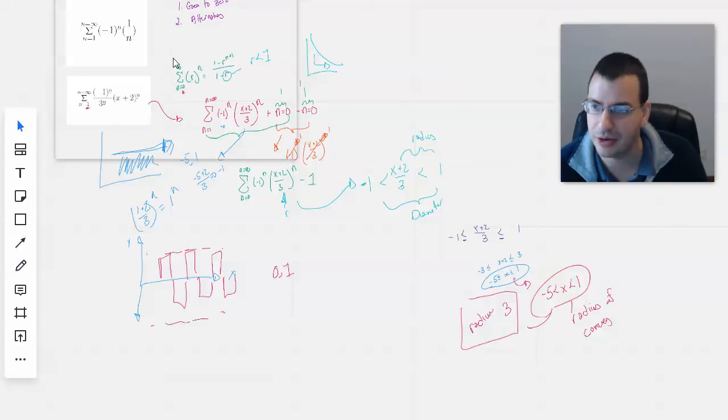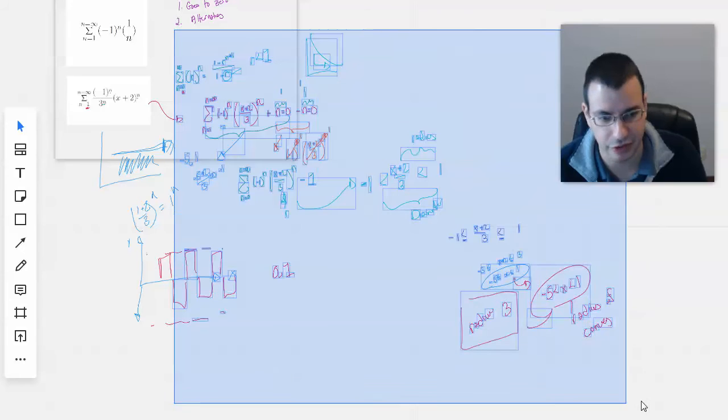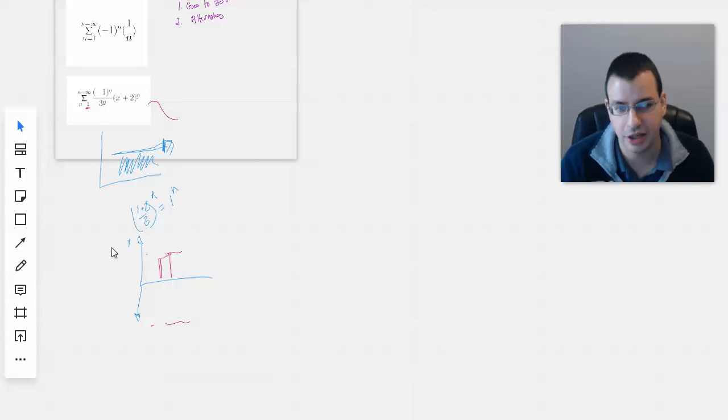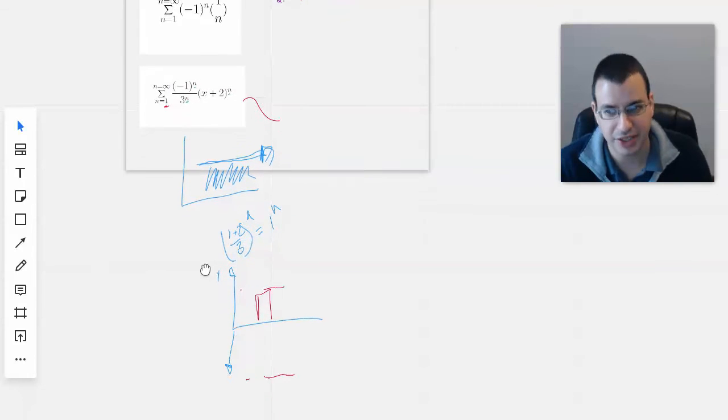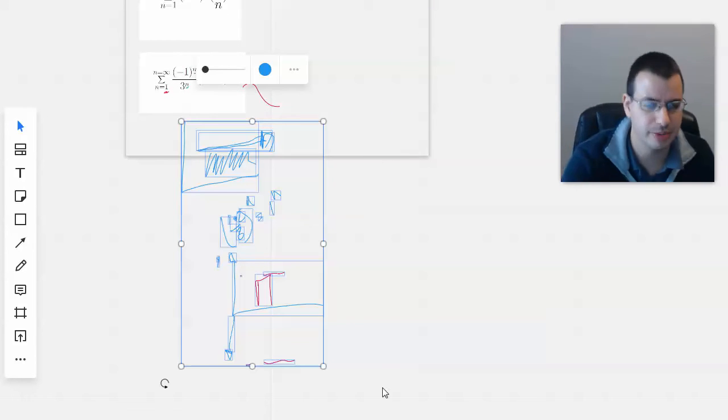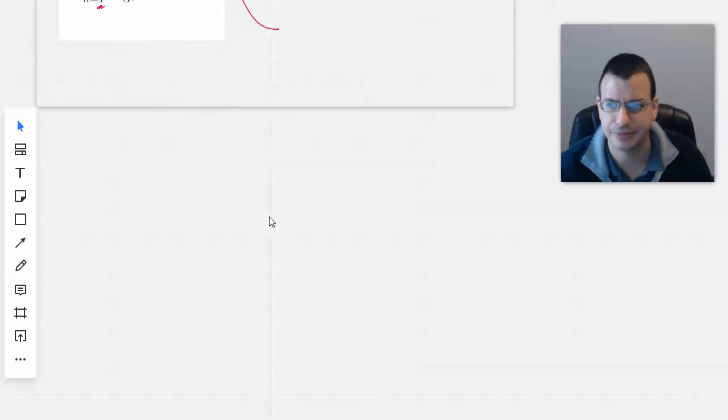And I try to stay away from a formal definition for radius of convergence because, to me, I would just see that question as, what are the values of x that allow it to converge? And then you just figure it out as opposed to trying to memorize another definition.